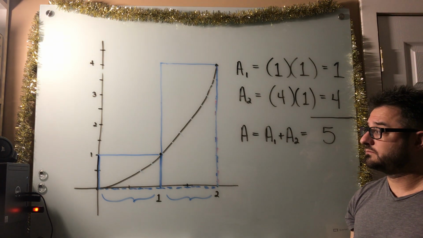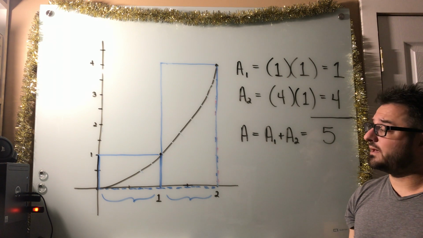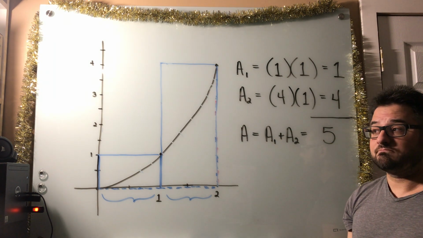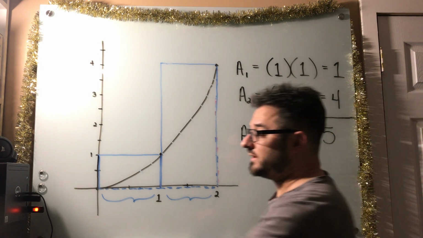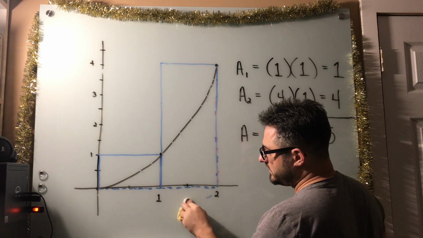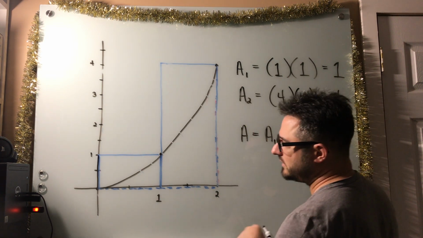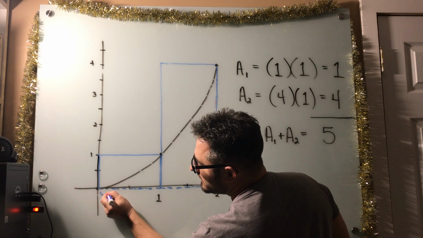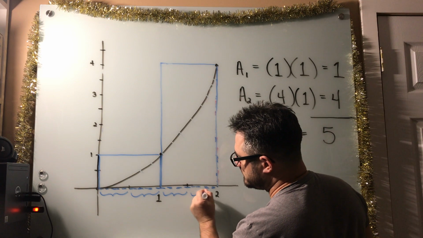Well, if doubling the number of rectangles got us a better estimate, why not double it again? Instead of splitting this interval down here into 2 pieces, what if we split it into 4 pieces?